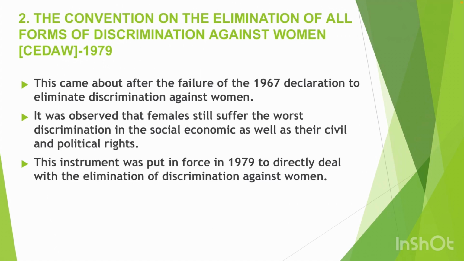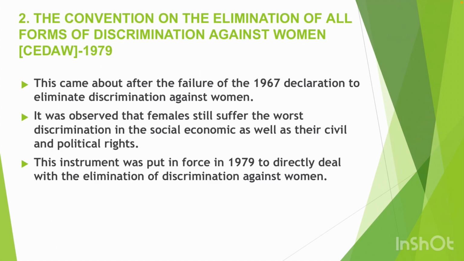Besides those documents which make up the International Bill of Rights, women were still suffering the worst discrimination. So the UN now decided to come up with a document specifically meant to protect or promote women's rights, and that was the Convention on the Elimination of all forms of Discrimination against Women.